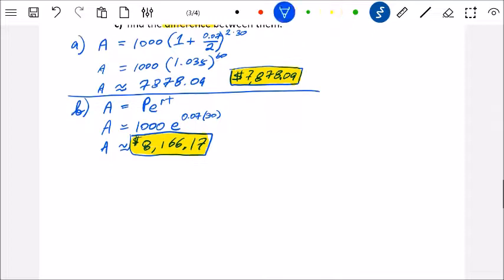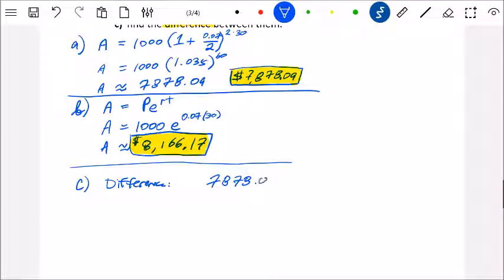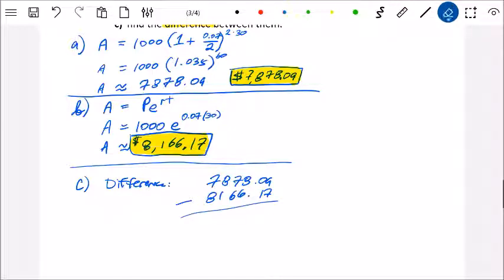Now, the C asks for what the difference is. Okay, so difference is simply subtracting those amounts. Okay, minus 8166, which actually means I should have put the 8166 on top. So I'll get a negative, but then I can throw the negative out.